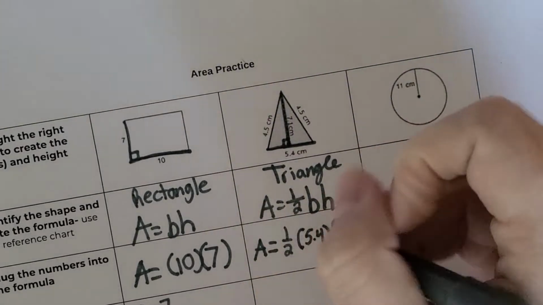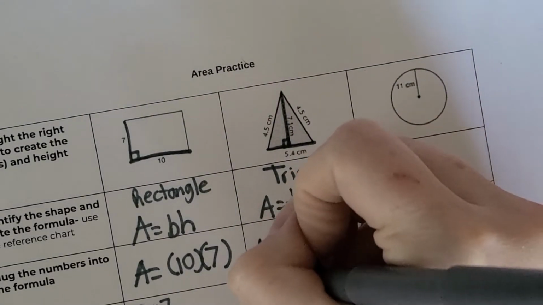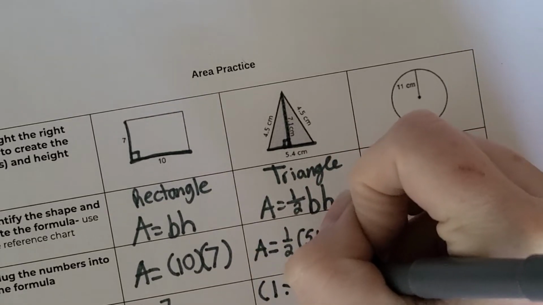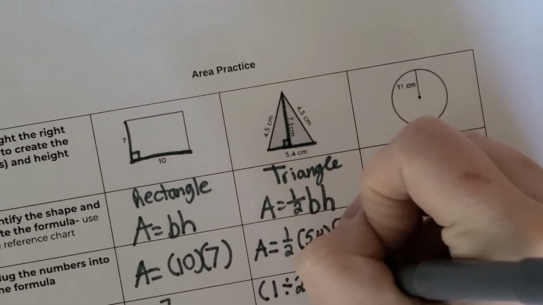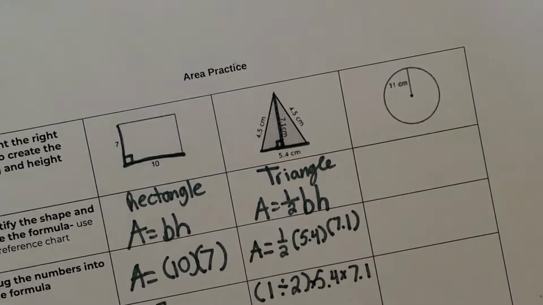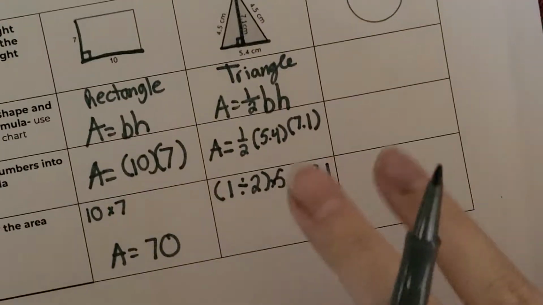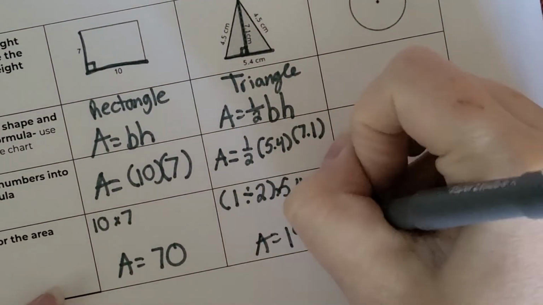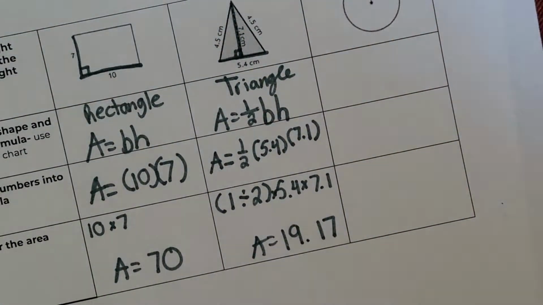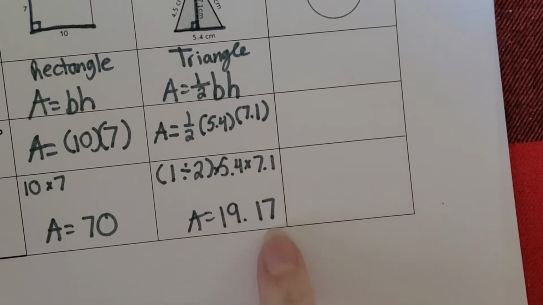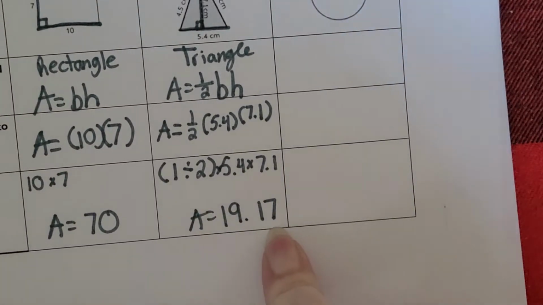Okay, when you type that in, remember 1/2 is the same as 1 divided by 2. And then we're going to multiply it by 5.4 and multiply that by 7.1. Okay, when you do that, you should have gotten 19 and 17/100ths. Okay, all right. If that's not what you're getting, go back and type it in, play around with that a little bit, figure out what's a little off.